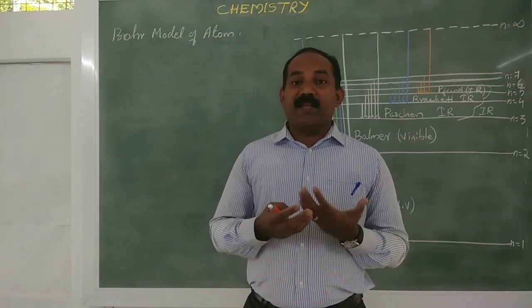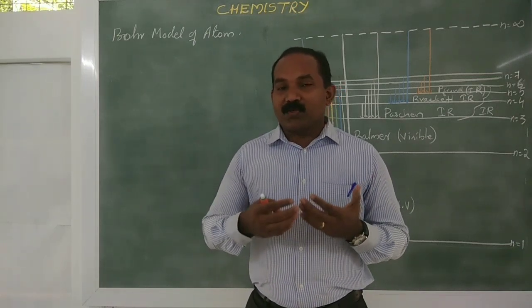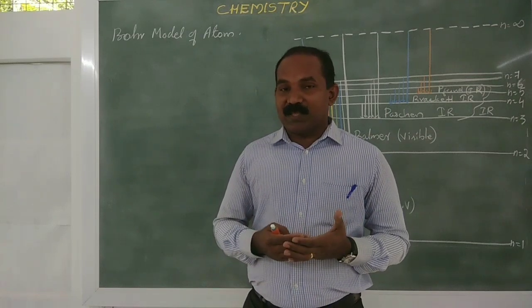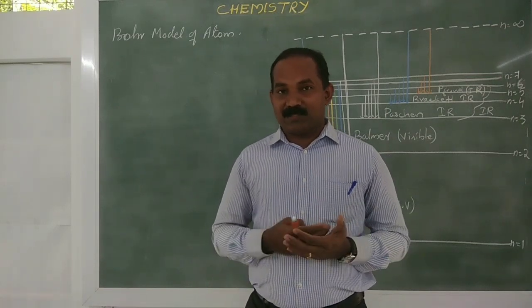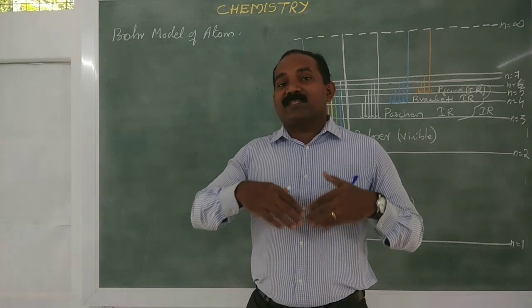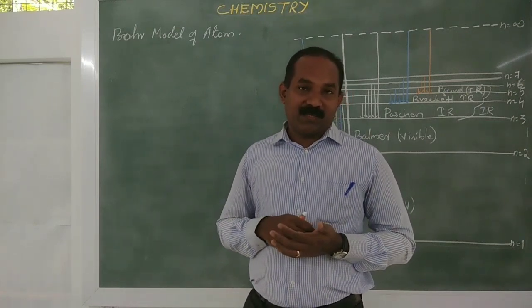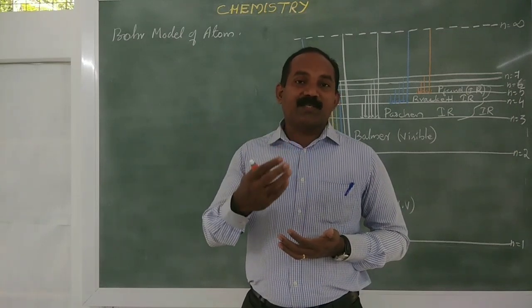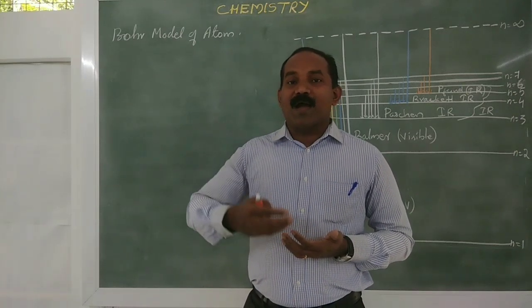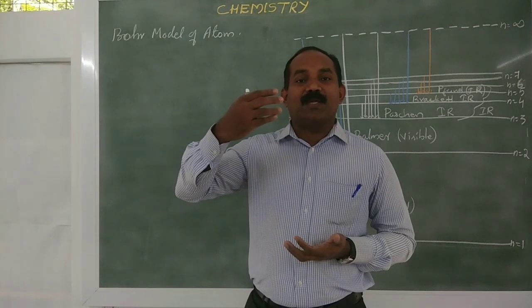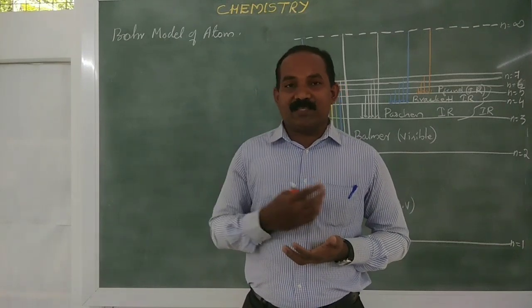If we supply energy, the one electron present in the ground state, that is the lowest state, is excited into higher energy levels. You know what excitation is? If an atom, electron or molecule absorbs energy and goes into a higher level, it is called excitation.